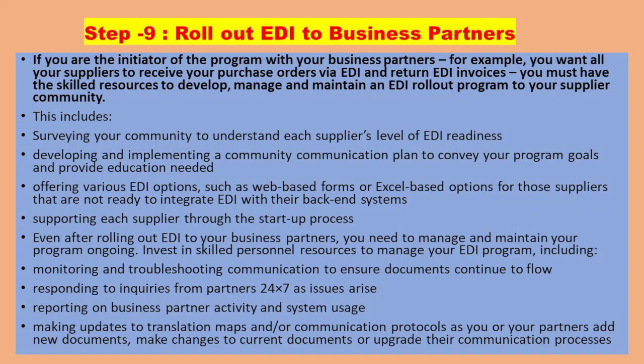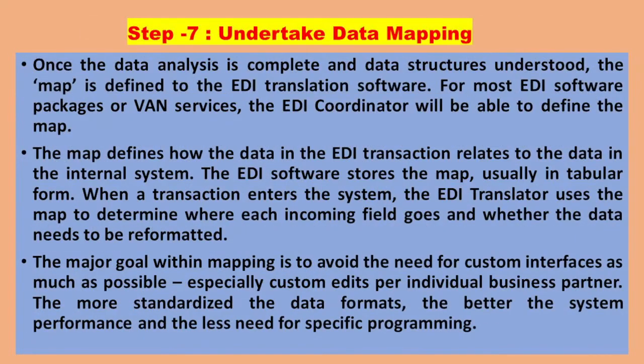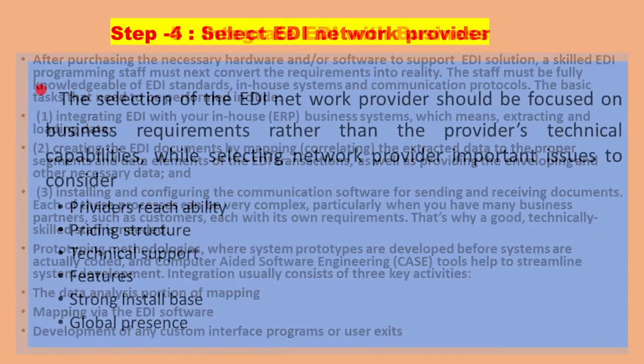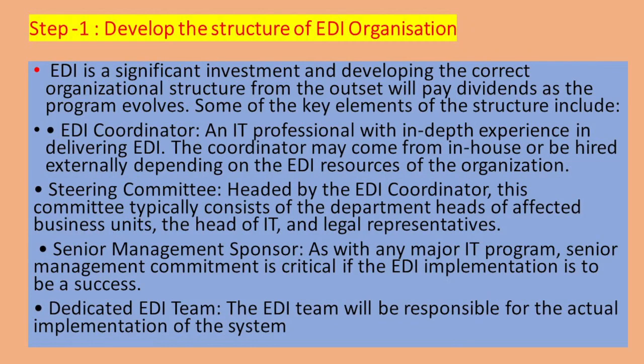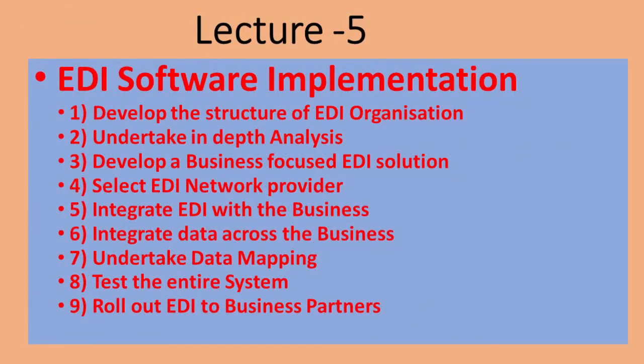Students, there are 9 steps for implementation of EDI software. One is we have to develop the structure. Later we take in-depth analysis and focus on business solutions, and later we select a network provider, and then EDI is integrated with the business.